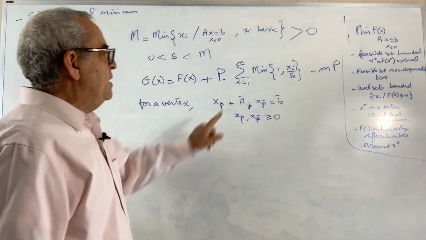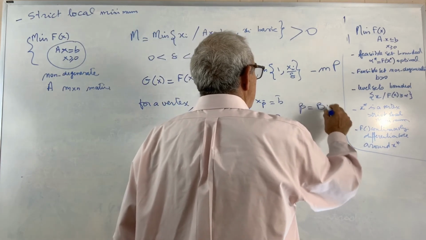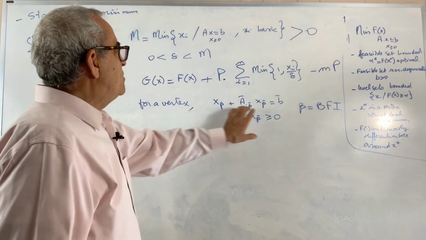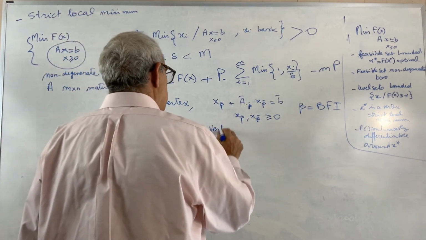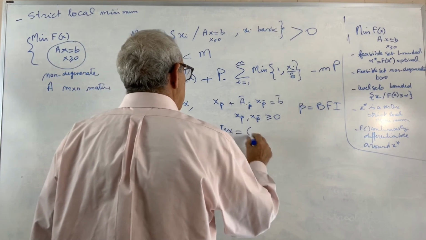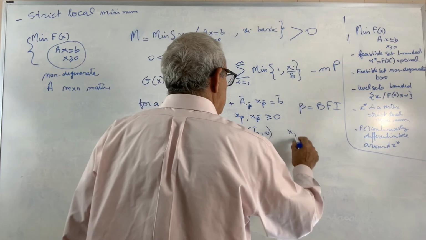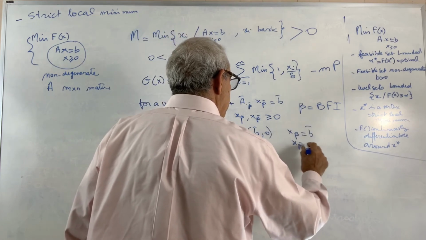So beta is the BFI, the basic feasible index. And then the vertex is just b bar and 0. In other words, x beta equals b bar and x beta bar equals 0.